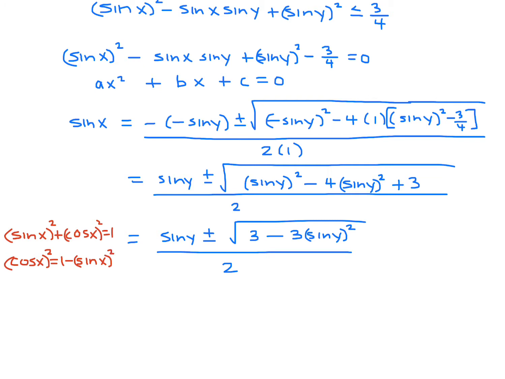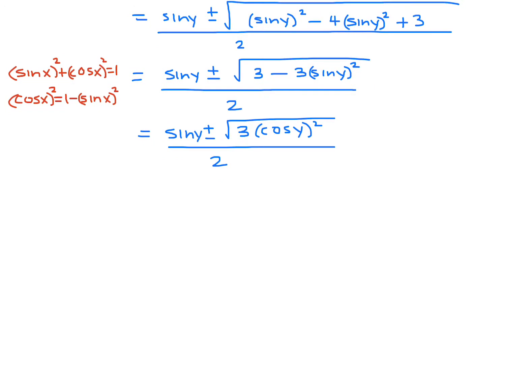And we have something very similar to that underneath the bracket. We have 3 times 1 minus sine y squared. So that is just 3 cos y all squared under the square root sign, all over 2.